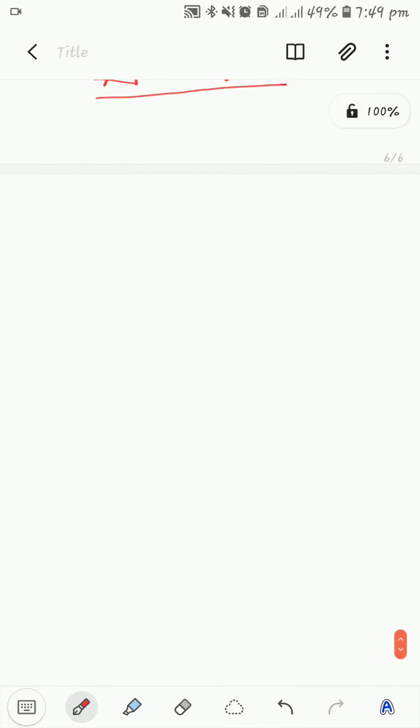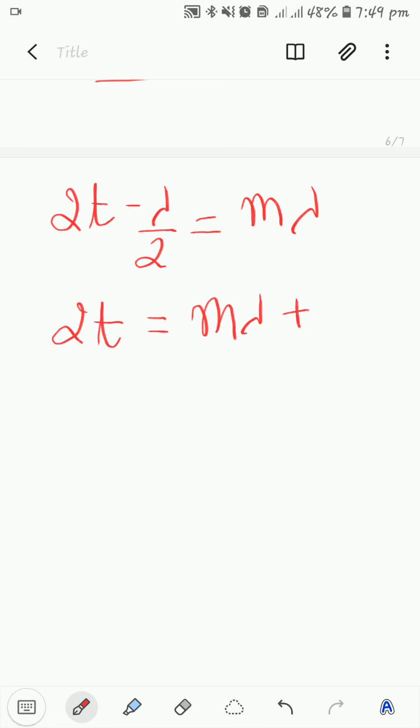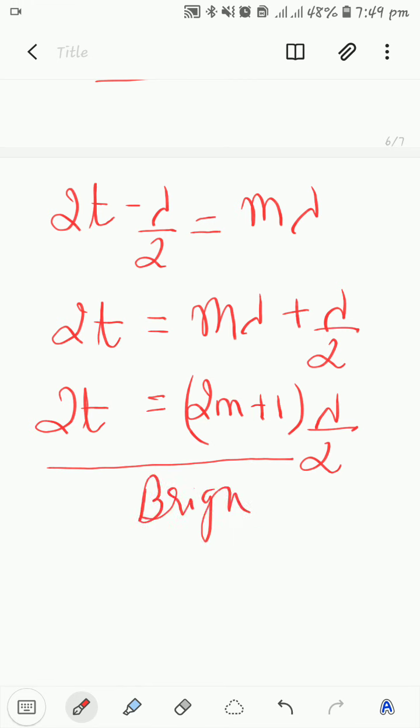The value of delta is 2t minus lambda by 2, so the condition becomes 2t is equal to m lambda plus lambda by 2. If we take lambda by 2 common, we get 2t is equal to twice m plus 1 into lambda by 2. So the condition of darkness becomes the condition of brightness here.